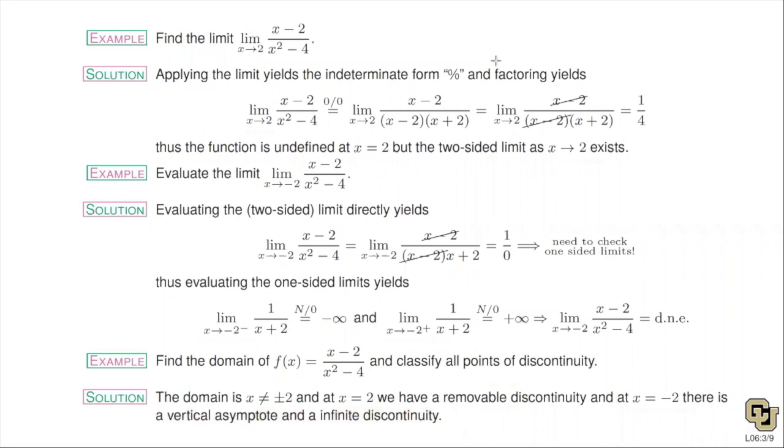In this case, one of the roots of the denominator was a removable discontinuity, and the other root of the denominator was a vertical asymptote. We ultimately have to do the limit to verify what's going on, to be perfectly mathematically correct.